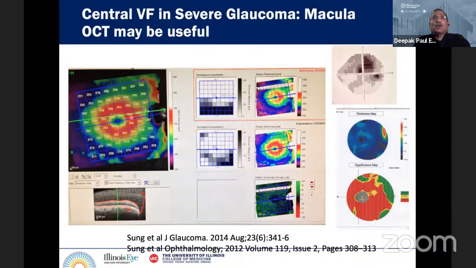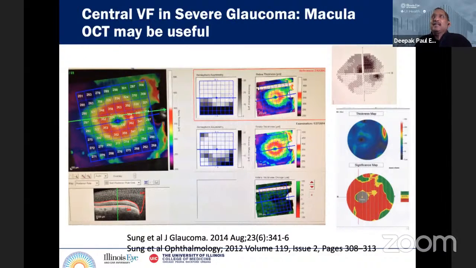So you sort of have to look at it to see if there are changes that occur in the OCT thickness in the macula. It's somewhat helpful. There are papers out there. I do use it in patients.